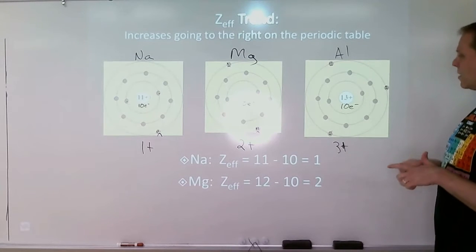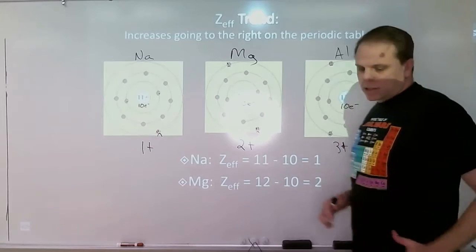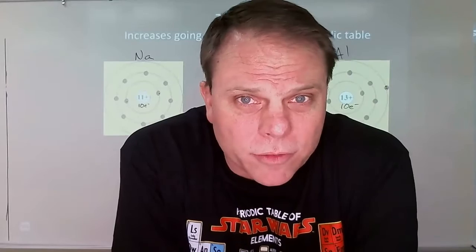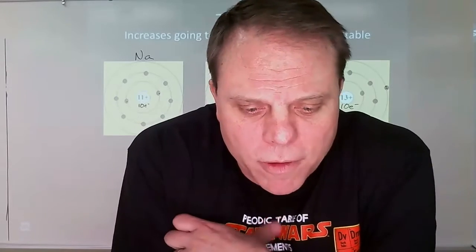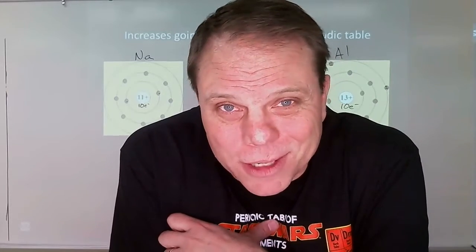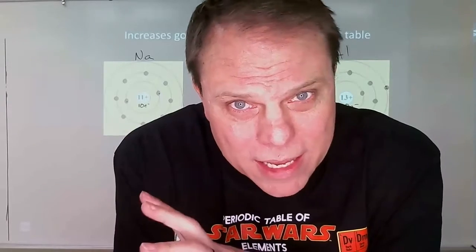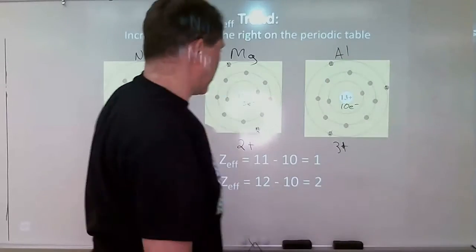Why? Because there's not as many shielding electrons. There's not as much of that negative charge shielding the nucleus from them, shielding the positive charge from them. And that's what an effective nuclear charge is. And it will describe the size of the atom now, okay? The radius. We talked about the atomic radius, right?